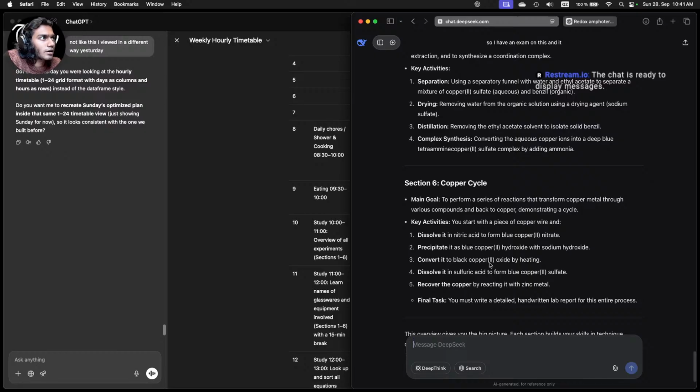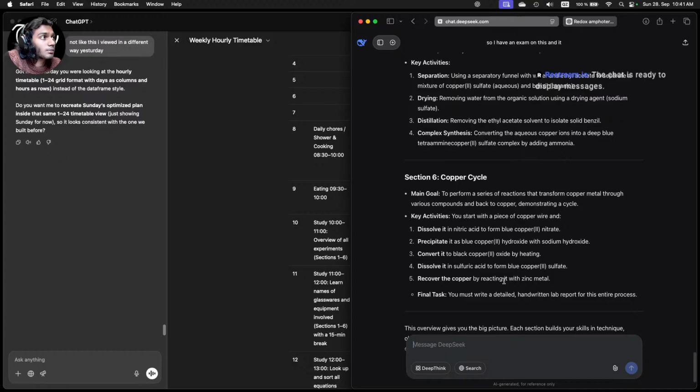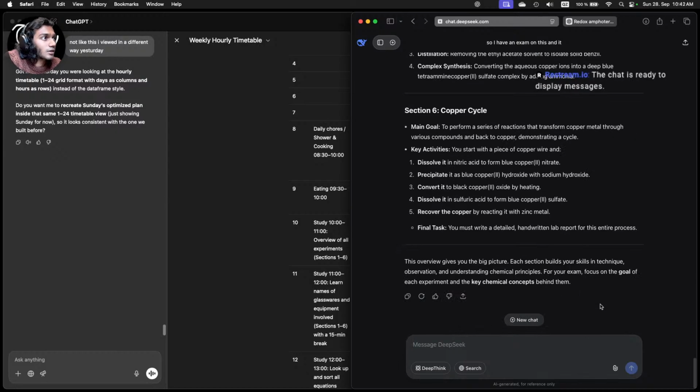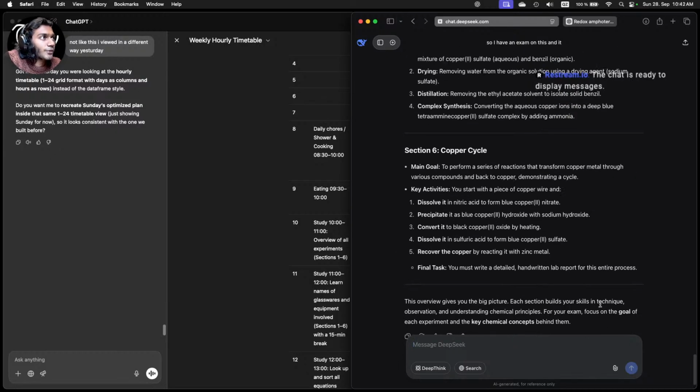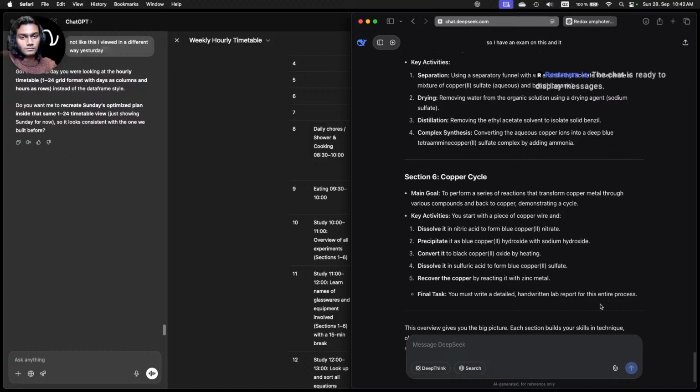Convert it to black copper(II) oxide by heating. Dissolve it in sulfuric acid to form blue copper(II) sulfate. Recover the copper by reacting it with zinc metal. Final task: you must write a detailed handwritten lab report. Yep, this was the copper cycle.